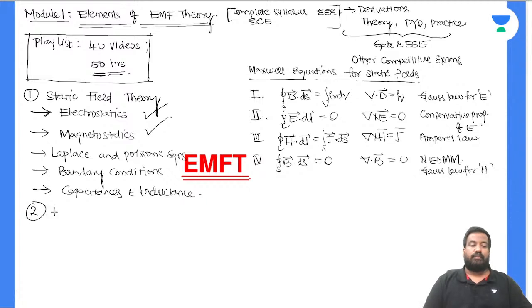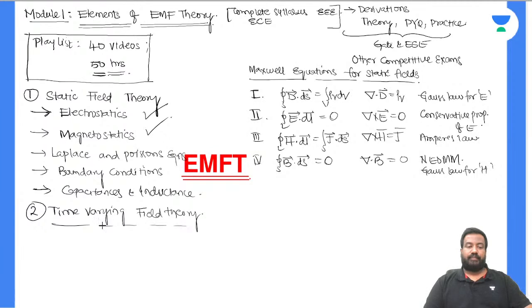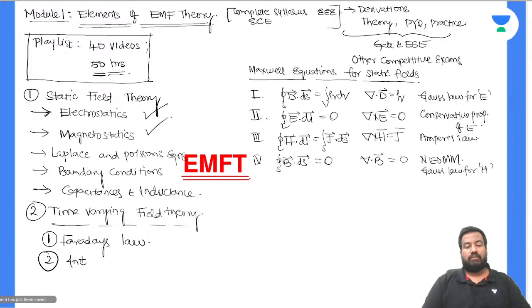And also we went through time varying field theory, where we have derived Maxwell equations for time varying fields, in which mainly we went through Faraday's law and inconsistency of Ampere's law.